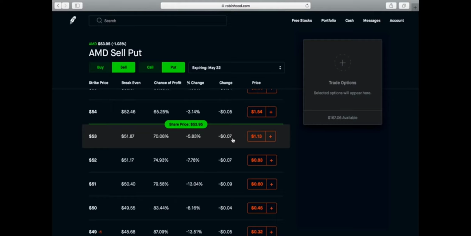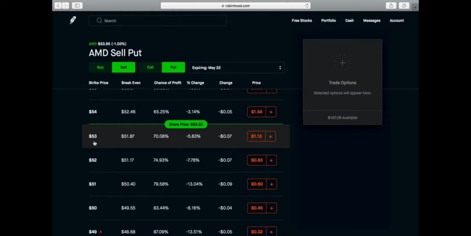And here are the stipulations on that. If the price of AMD were to fall to 53 or under by the expiration date, which is next Friday, you would buy 100 shares of AMD at whatever that price is when that contract expires.